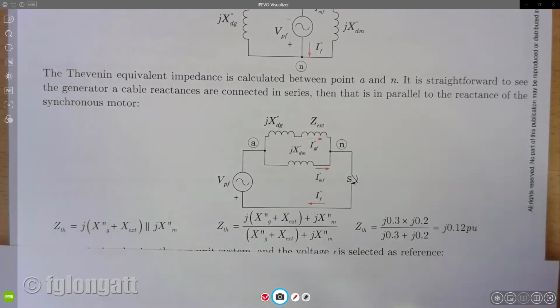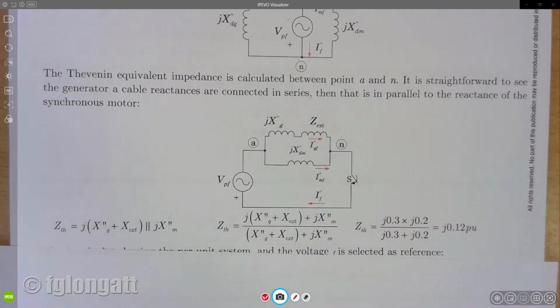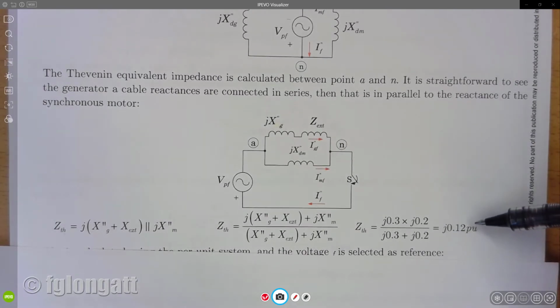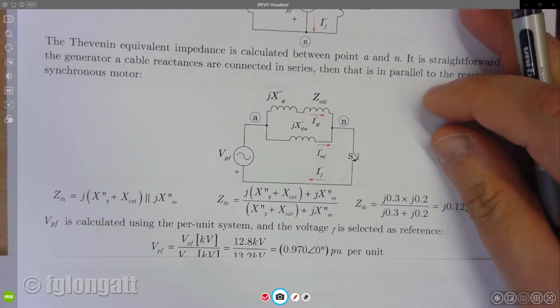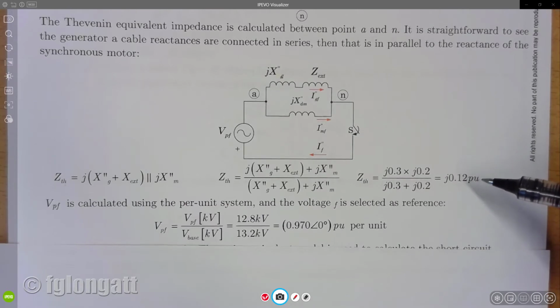Okay. Now we need to put the numbers together. It's extremely simple. All my students can put the numbers together over there. And we got here the Thevenin impedance, and the Thevenin impedance is 0.12, okay?